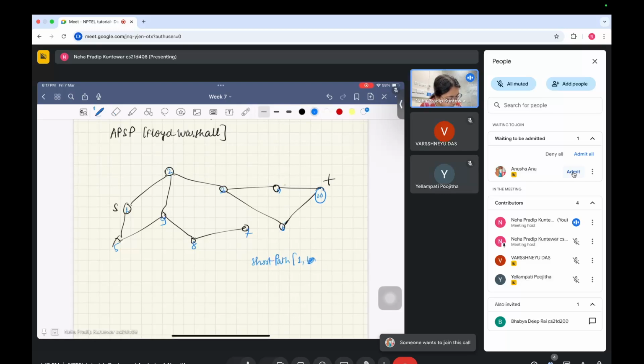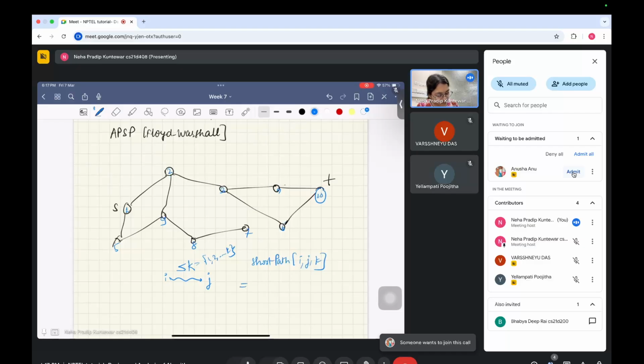So when I say (i, j, k), I mean a path from i to j which has used at most k nodes. By k nodes we mean it can use 1, 2 and so on up to k, but using other nodes is not allowed.